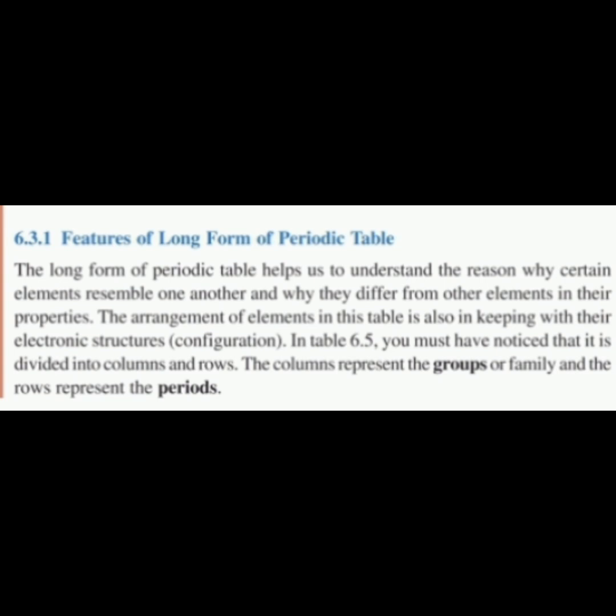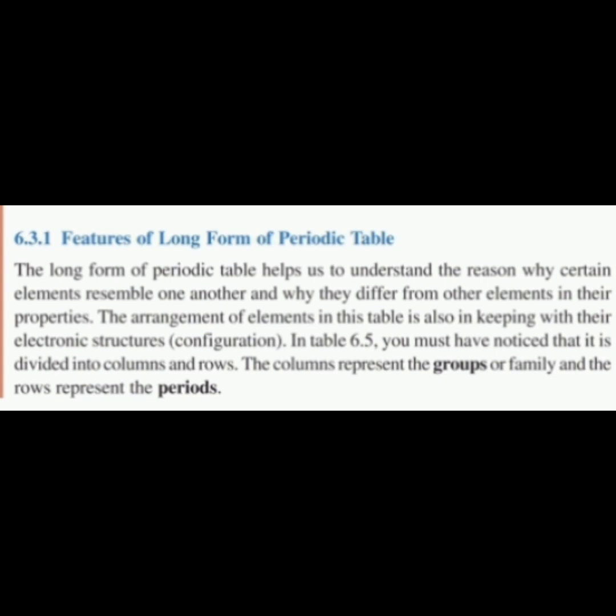The column represents the groups or the family and the rows represent the periods. Right. So here in the long form of periodic table we can understand that certain elements resemble one another, and not only that, they differ from other elements in their properties. So this is one of the differences.